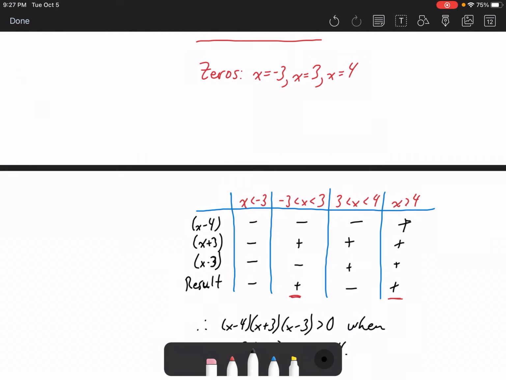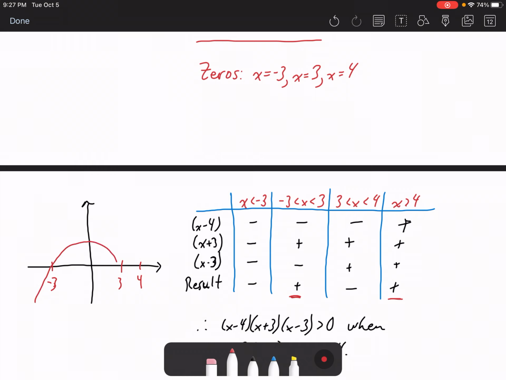You can also draw a sketch of what this function would look like if you remember. Well, again, our zeros are at -3, 3, and 4. Because it has a positive leading coefficient, it's probably looking something like this.